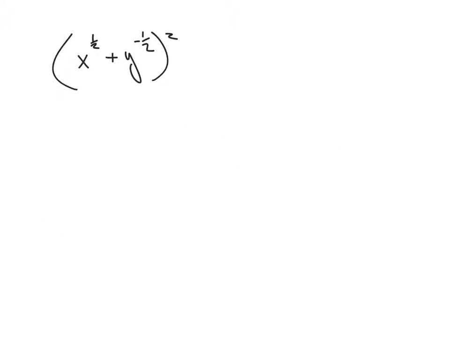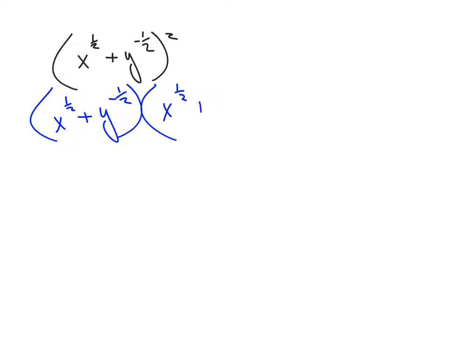Okay, this is 109.3. Notice there's a little difference here. There's a negative sign here, but we're going to write it twice because we have to use the FOIL method. So that times that. Okay, so let's do first. So we're going to multiply that times that.